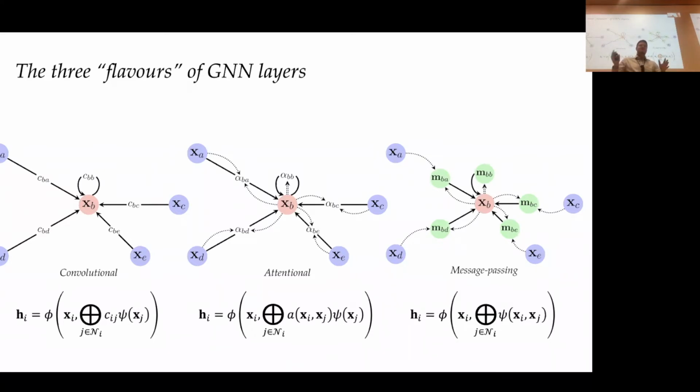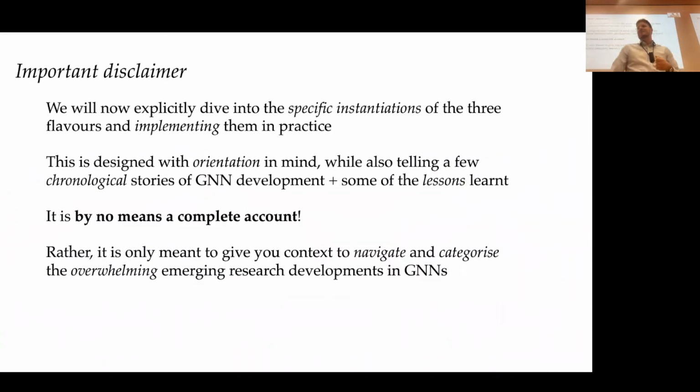Okay, so there is an interesting balance to be struck, and we'll actually also discuss how, in some sense, the attentional GNNs seem to be striking a nice sweet spot in the middle, and how that leads us to some very popular models nowadays. Okay, so we will now dive into some specific instantiations of these 3 flavors, and we'll discuss a little bit how to implement some of them in practice.